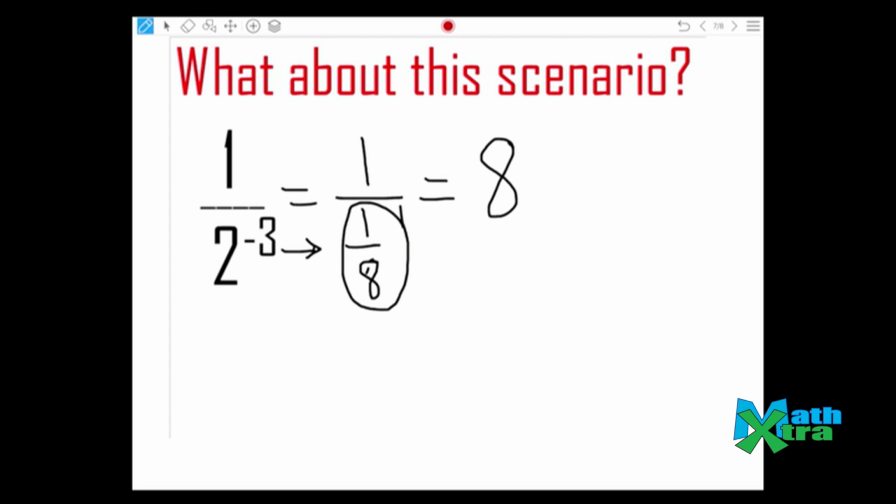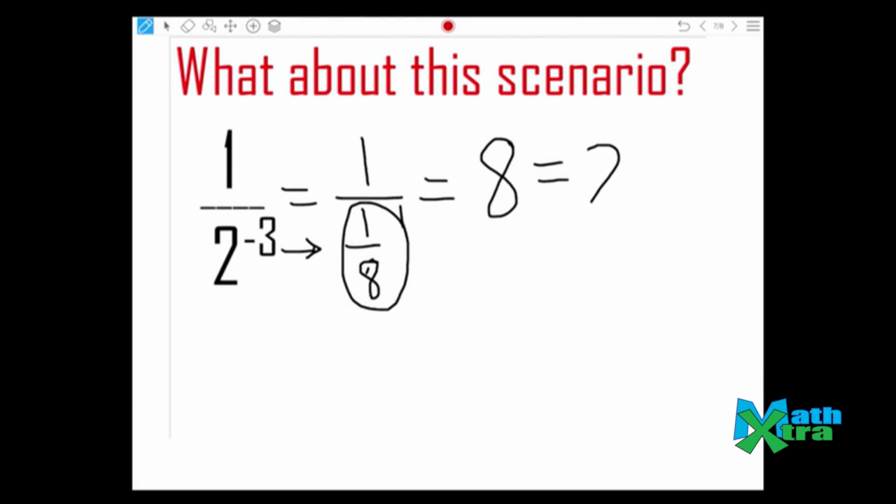And what is 8 as a base and an exponent? Come on, I know you know this. We've seen it all day right now. It is 2 to the third power.